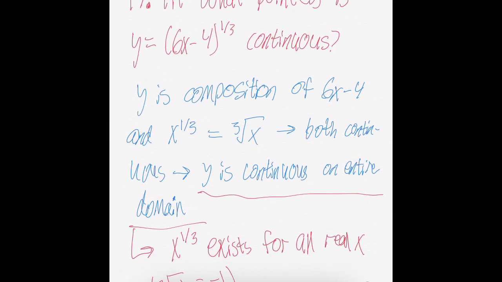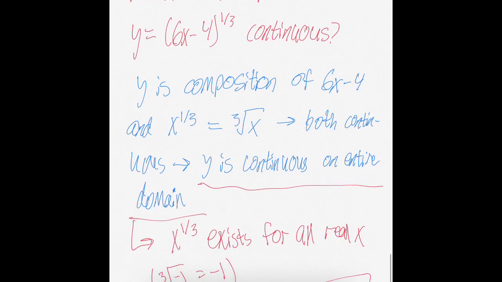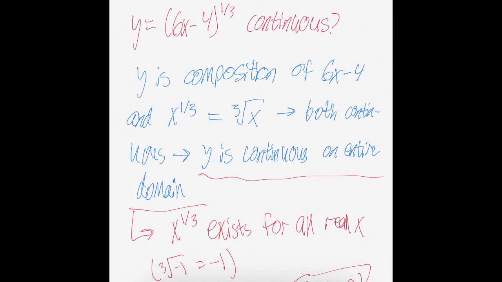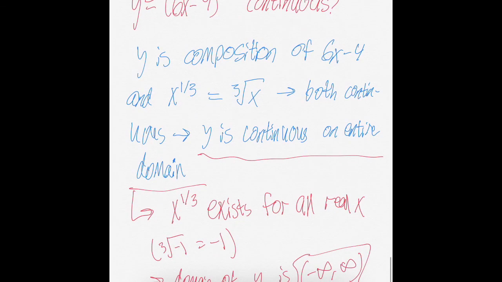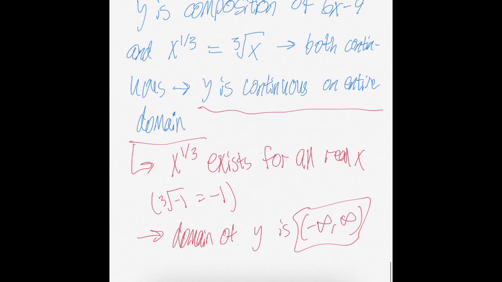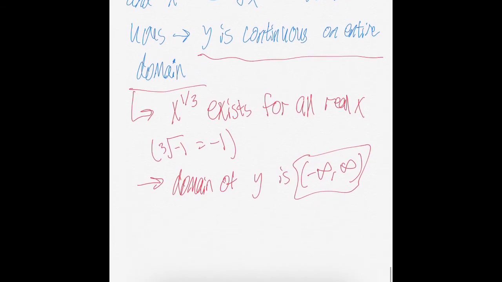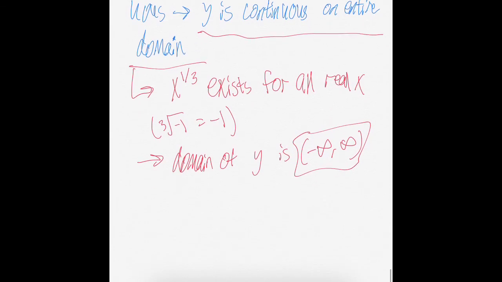Okay, so this problem was basically the same as the previous. We noticed that our function was a composition of two functions which we know to be continuous wherever they are defined, which means that y is continuous wherever it is defined, and in this case that happens to be everywhere.